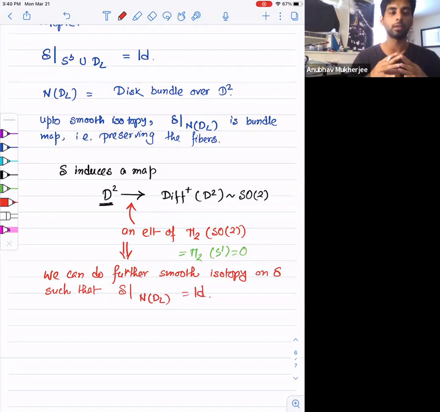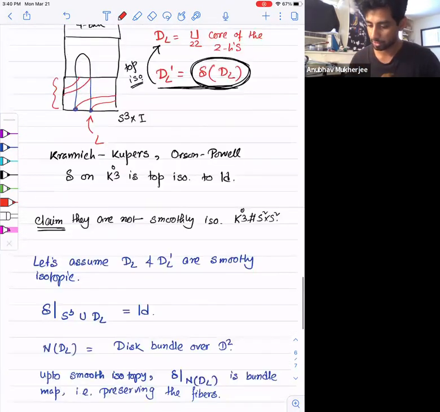So not only is delta now fixing the disk pointwise, but it is actually fixing the neighborhood of the disk pointwise. And this is the interesting part, because let's come back to this picture again.